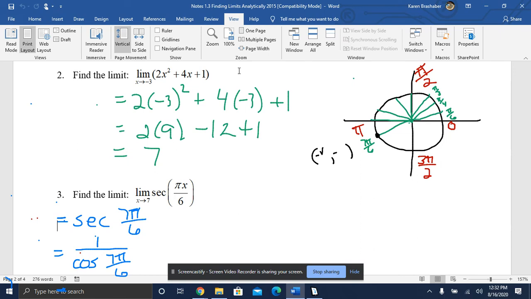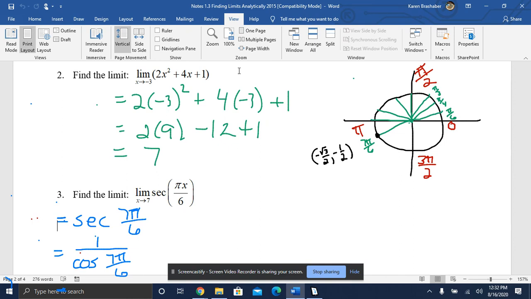You are going to have to know that it involves either the square root of 3 over 2 or 1/2, and then you've got to figure out which one's which. And at 7π over 6, the square root of 3 over 2 is the x, and the 1/2 is the y, with both of them being negative.